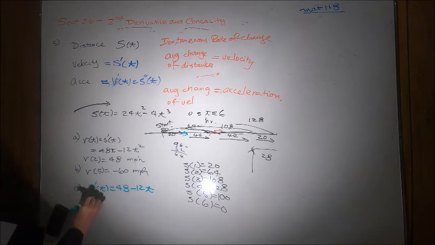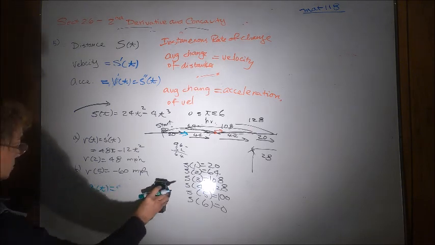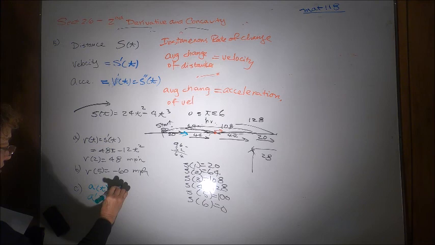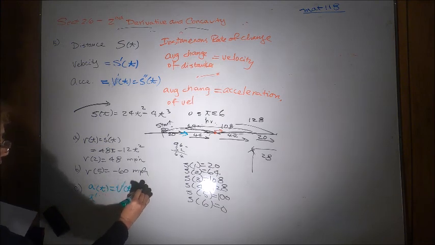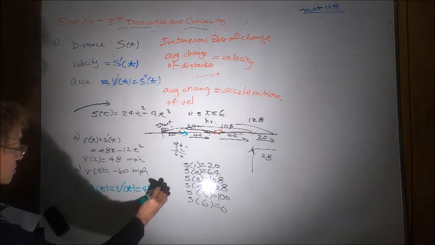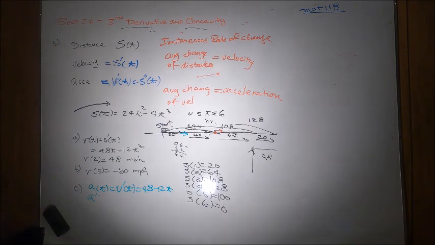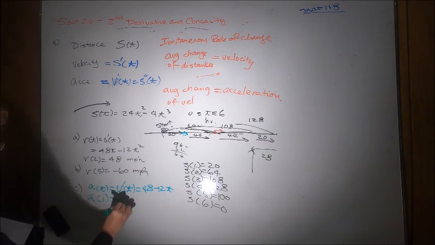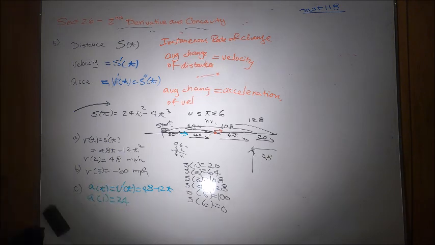Then you plug in, I shouldn't have prime. A prime, I should write it this way: a(t) is v prime of t, right? That would be 48 minus 12t, right? So we do a(1), the acceleration at 1 hour. You plug in, means 24. What does that mean?